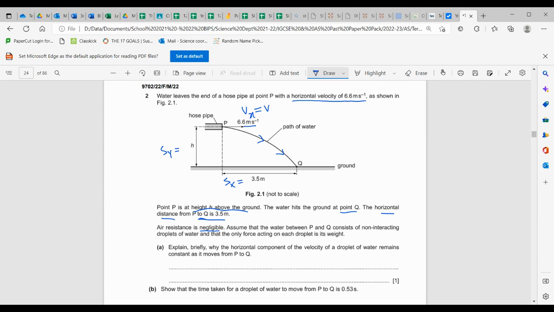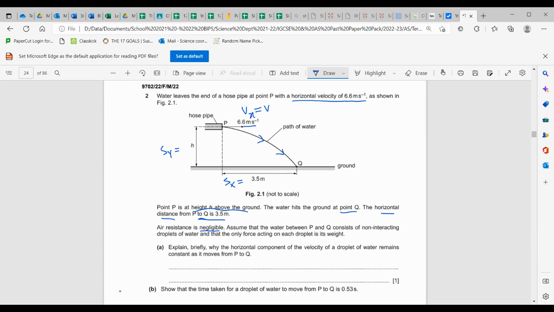So in cases of motion in two dimensions, having a negligible air resistance means that the horizontal component of the motion will be uniform motion, which means that Vx will remain constant throughout the situation, whereas vertical motion will be uniformly accelerated motion with an acceleration equal to g.